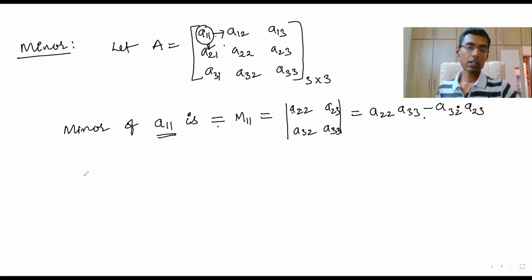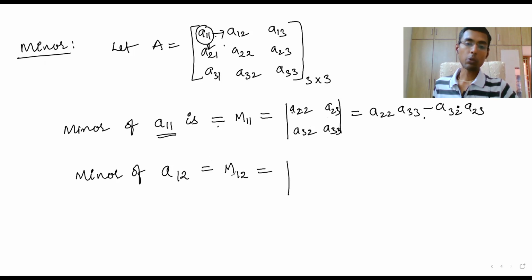Then next, you can find the minor of anything. For example, you have to find the minor of A12. Minor of A12 equals M12, that is the minor of first row second column.